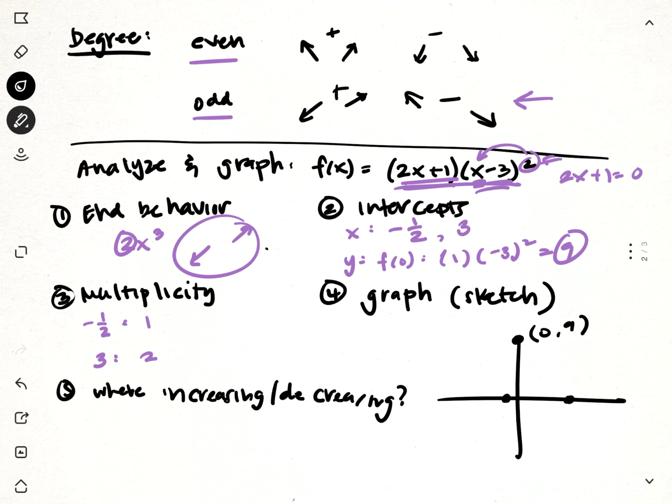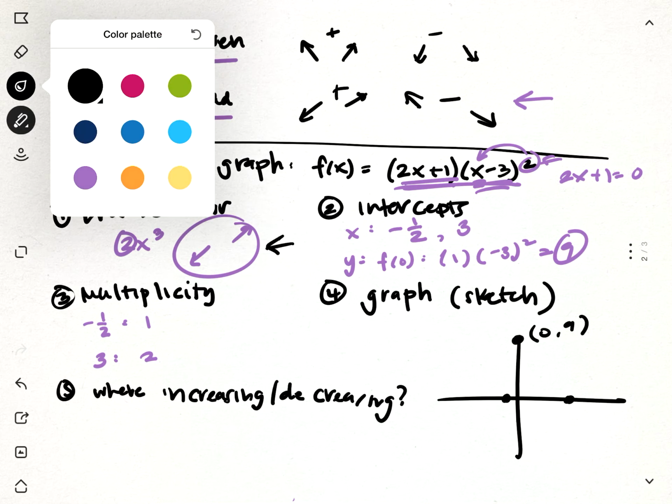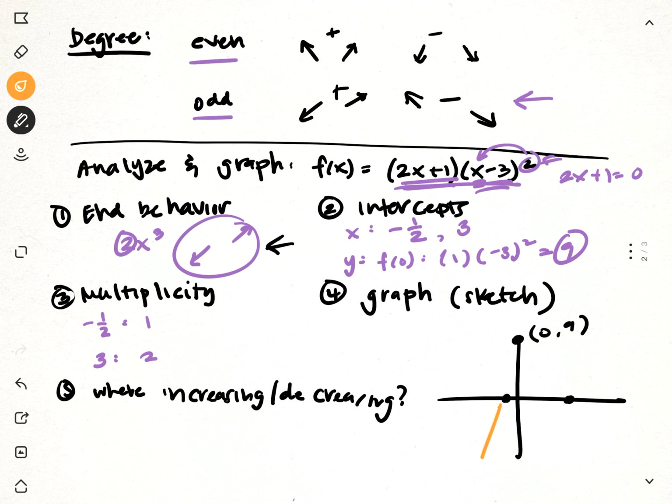Now let's talk about end behavior. So we know the end behavior looks like this. So let's change colors here. Let's do orange. So I know that coming off of here, it's going to look this way, right? Because that's this side of it. So we start on the left 0 and draw off of that. Then we look at the right 0 and we're drawing off of that. Okay.